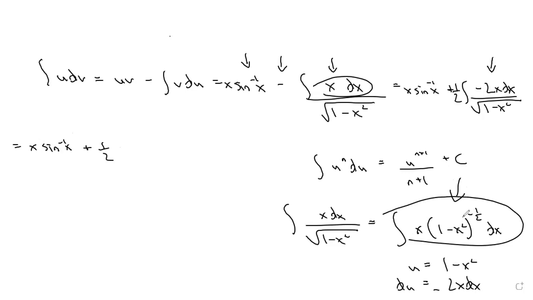And then dividing by 1/2 is the same thing as multiplying by 2. Okay. So that will be 2. And then u is 1 minus x squared. And then it'll be 1/2. Hopefully I got that right. Yeah, add 1 to the exponent, divide by that number. Okay, very good.